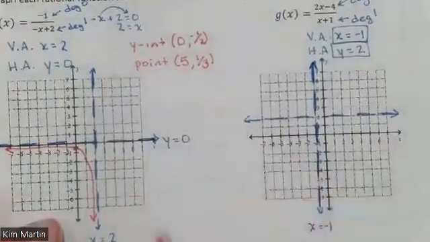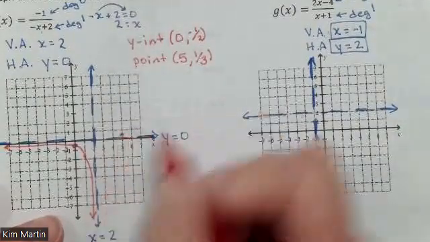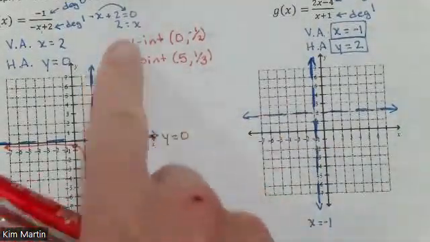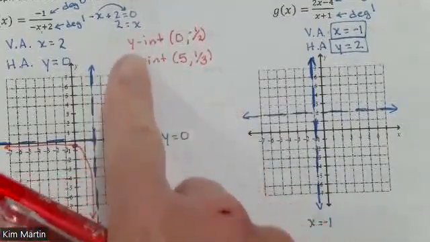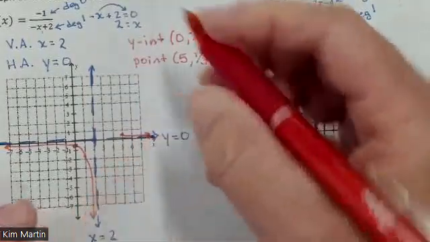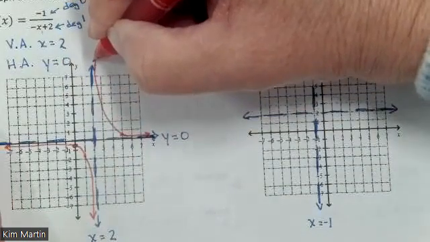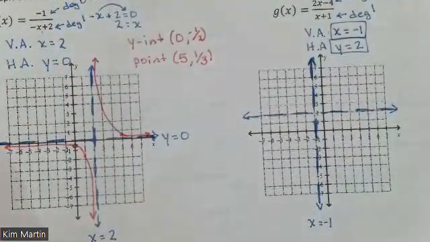Well, graph that point. 5 up about right there. It's in that quadrant. So that curve's going to go like this. It's going to go this direction, approach that asymptote, and it's going to go this direction, approach that asymptote, but never cross.